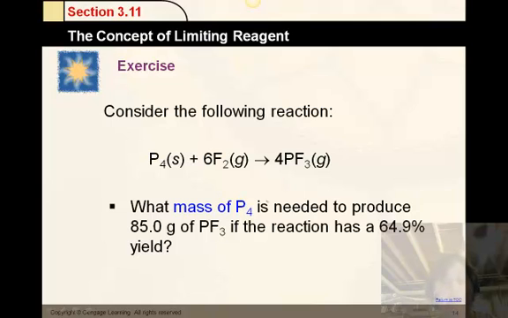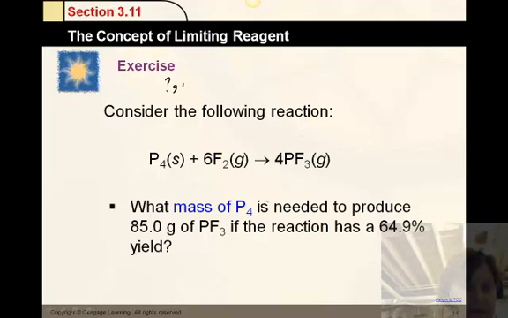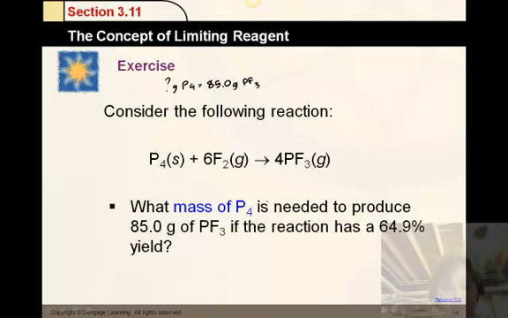But here it is kind of slipped into another kind of question to make this one a little bit more exciting. So if you were to just do the problem, meaning how many grams of P4 are needed for 85.0 grams of PF3, using the formula mass of PF3, the mole ratio, and the formula mass of P4, pardon me, I believe you would get 29.94 grams.